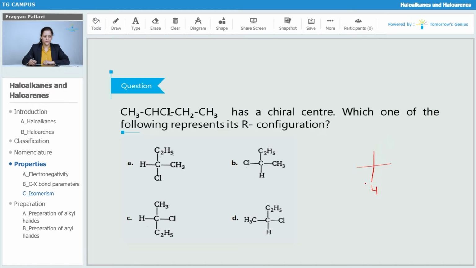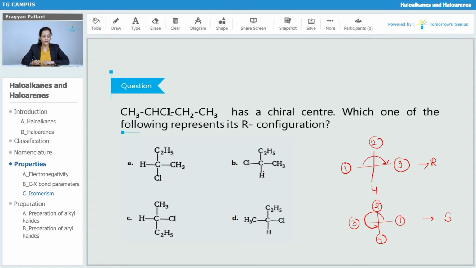If the first priority group is on the left side, then 1, 2, 3 is in the clockwise direction, so this is referred to as R configuration. And if we have 4 at this position and the first priority group on the right-hand side, and it is anti-clockwise, then this configuration will be called S configuration.